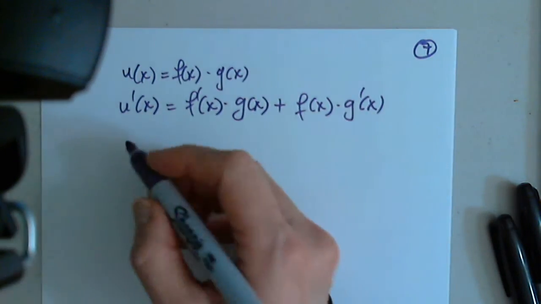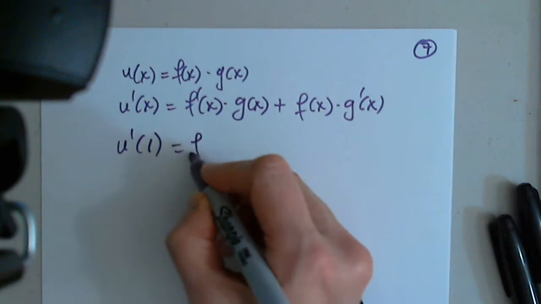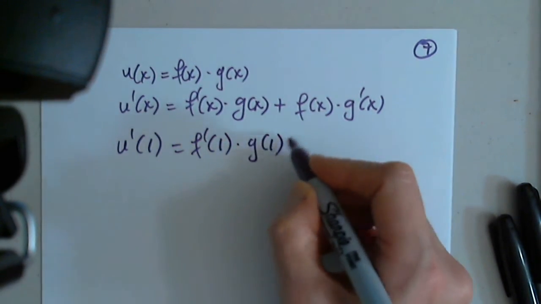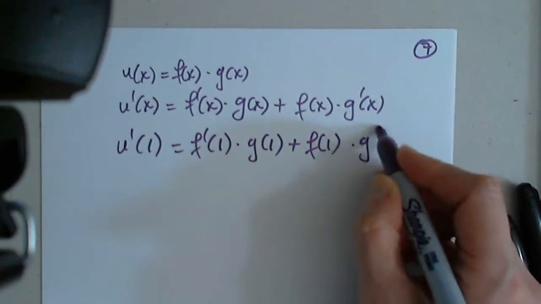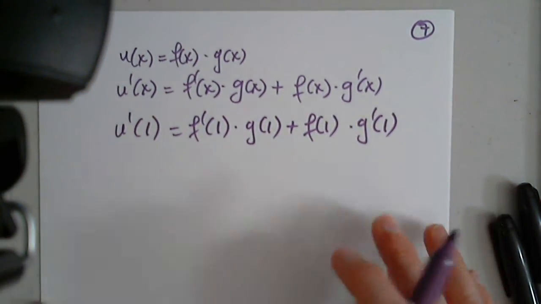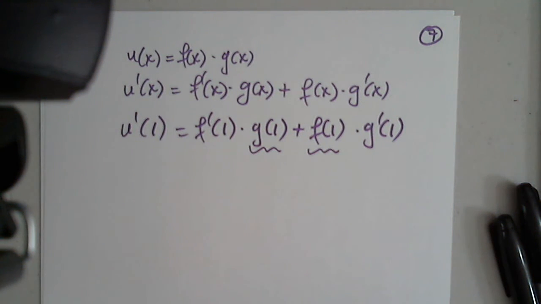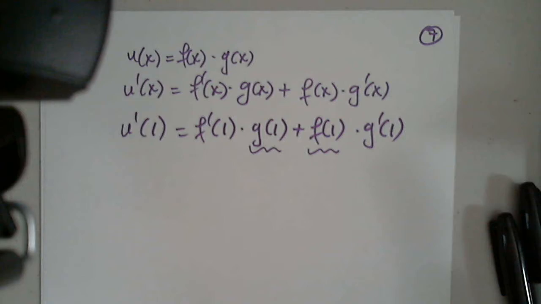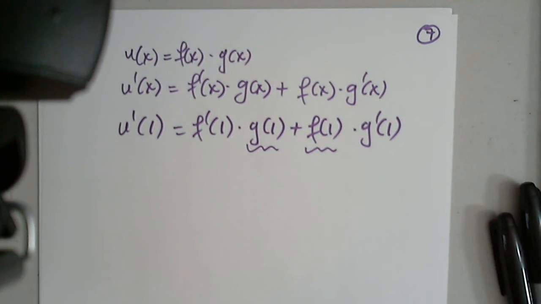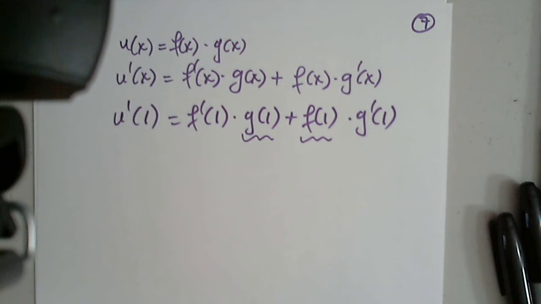We're asked to find u prime of 1. So this is f prime of 1 times g of 1 plus f of 1 times g prime of 1. Can anyone give us g of 1 and f of 1? And then I will share my screen and determine the derivatives with you.